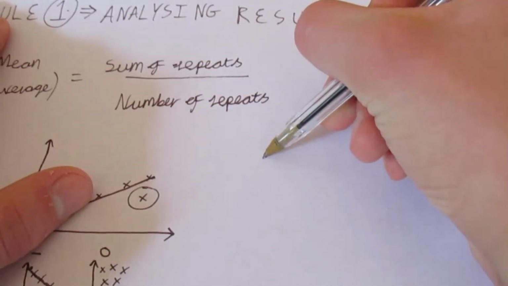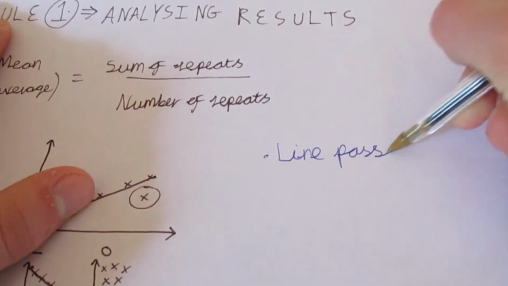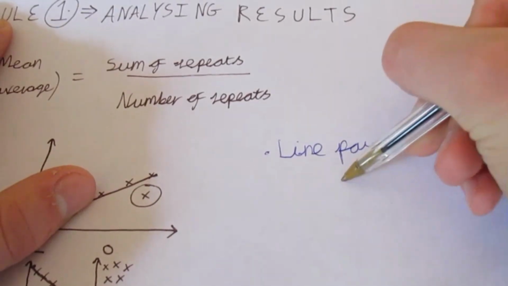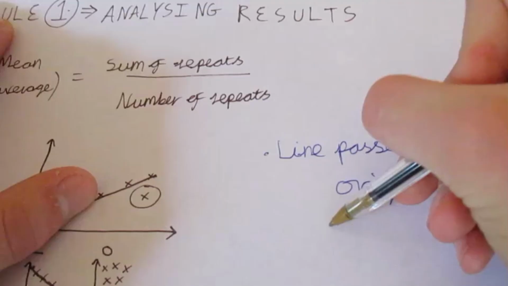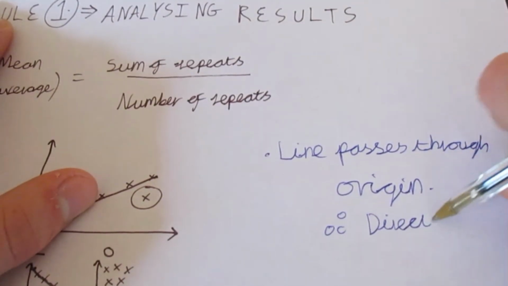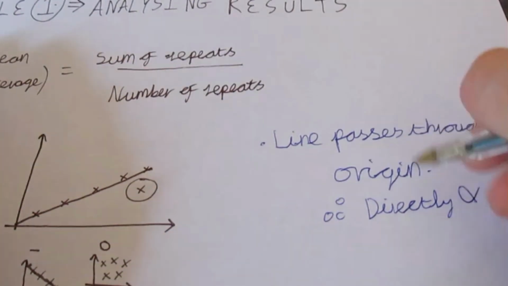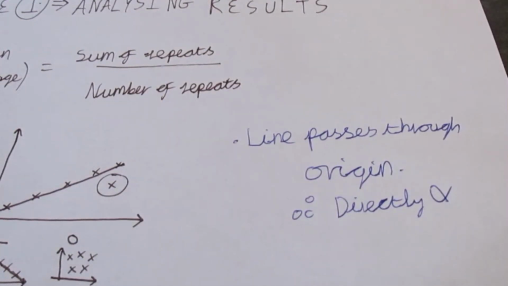I'll just write that down. Line passes through origin, therefore directly proportional. Obviously you wouldn't say it that briefly, but you get the general gist of it.